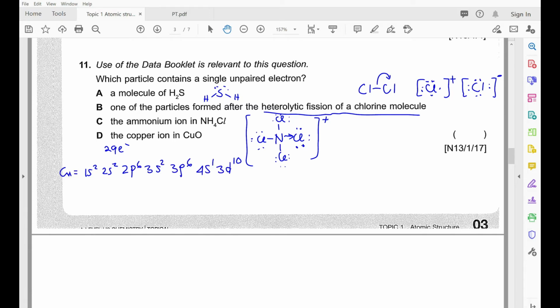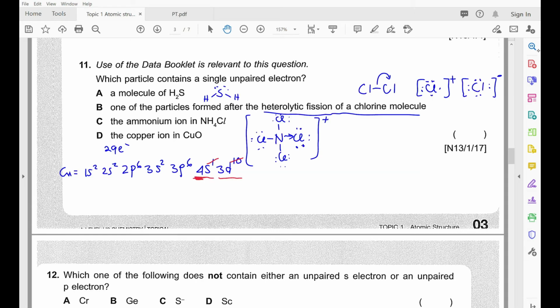So when we want to make a copper 2 ion, we take away 2 electrons, first from the highest quantum number, which is 4, so we take away 1 electron from there, and we take away another electron from there. So our 3d orbital looks like this.